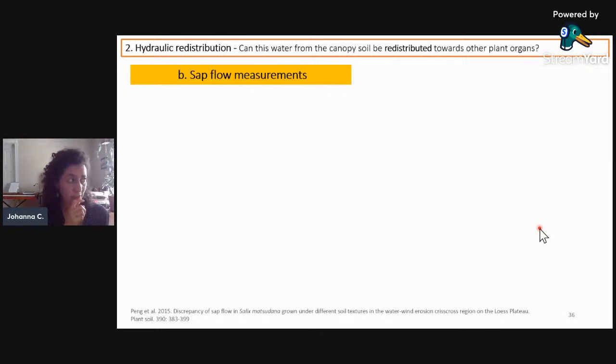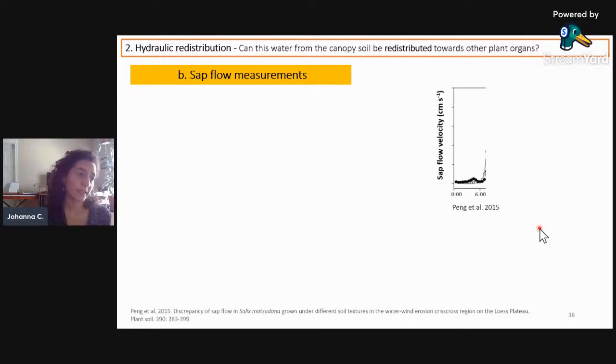So before showing you the results of the sap flow sensor, I'm going to show you what the dynamic of the sap flow normally is in a C3 and C4 plant. So here is a plot. On the y-axis, you have sap flow velocity, and the x-axis is just time of the day. So this is 12 a.m. and this is 6 a.m. And as you can see here, because it's before the sunrise, plants are not transpiring, so the sap flow is very low.